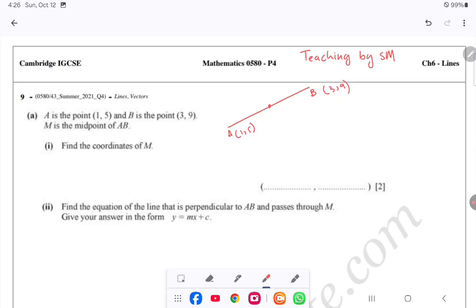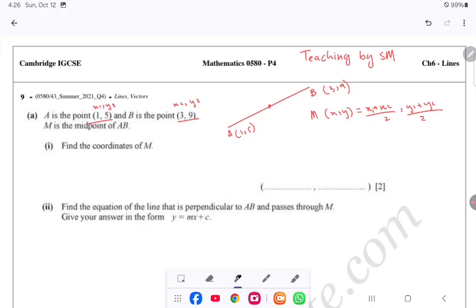We have to calculate the values, and for that we have a formula which is the midpoint (x, y) equals ((x1 plus x2) over 2, (y1 plus y2) over 2). Here for A, 1 is our x1 and 5 is our y1, and for B (3, 9), 3 is our x2 and 9 is our y2.